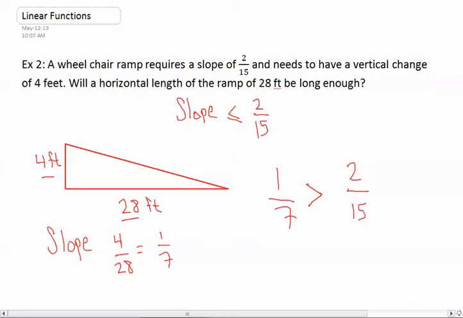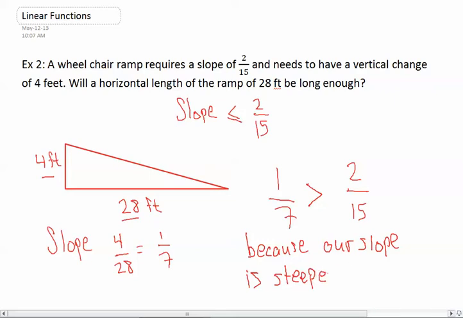So will the horizontal length of this ramp be enough? No. It's almost, but not enough. The idea is that the larger the numeric value of your slope, the steeper it is.